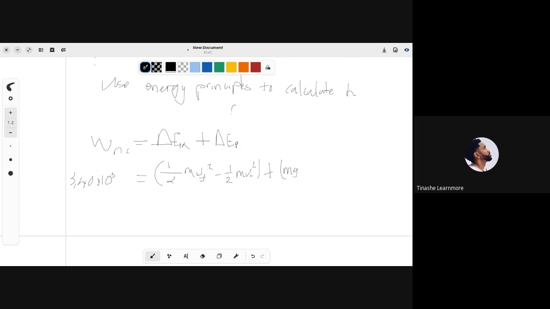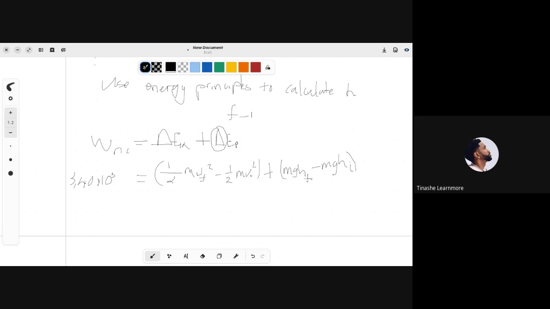Remember, whenever you see a delta, this is always final minus initial. So this is going to be m g h f, the final height, minus m g h i, the initial height.